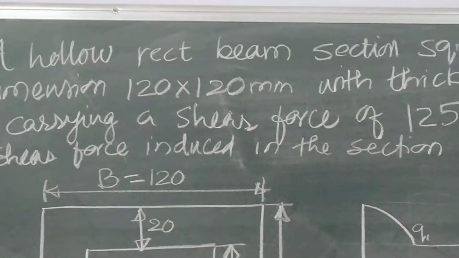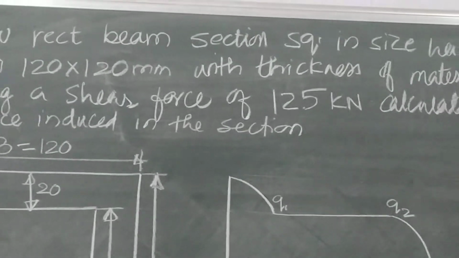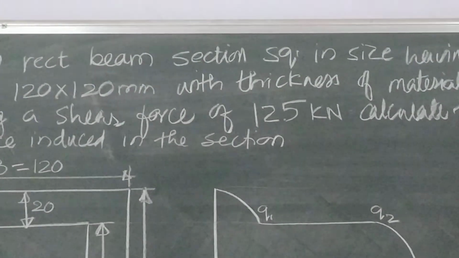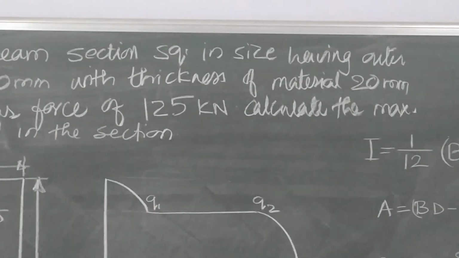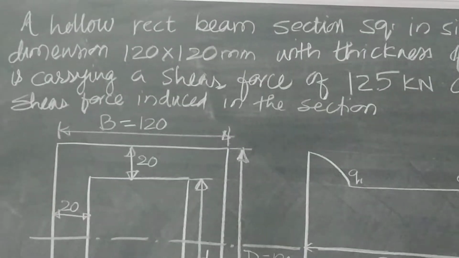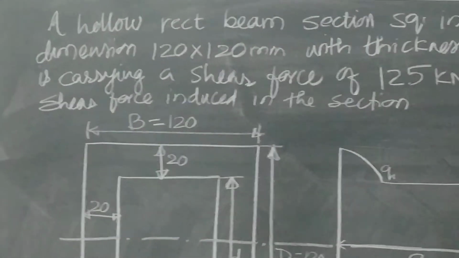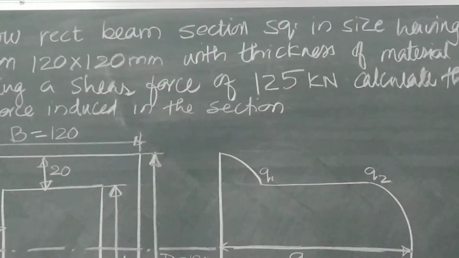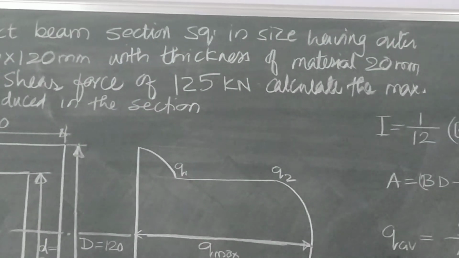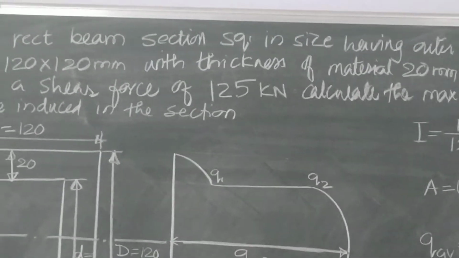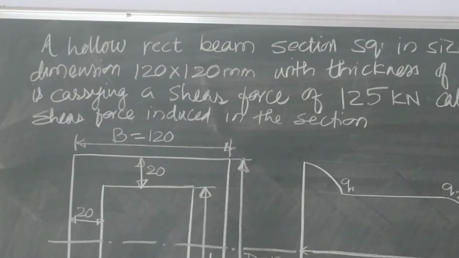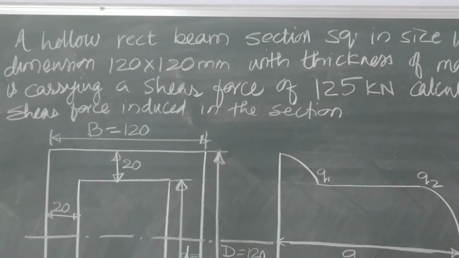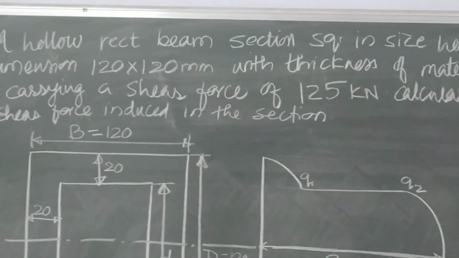A hollow rectangular beam section, square in size, having outer dimensions 120 mm by 120 mm, with thickness of material 20 mm, is carrying a shear force of 125 kilonewton.